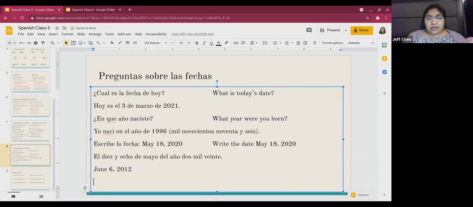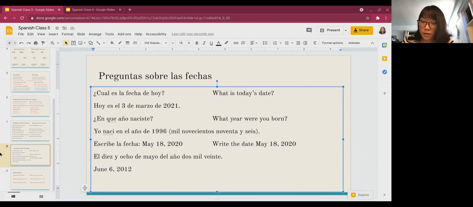You can go ahead and jump in. El 6 de junio de año 2012.